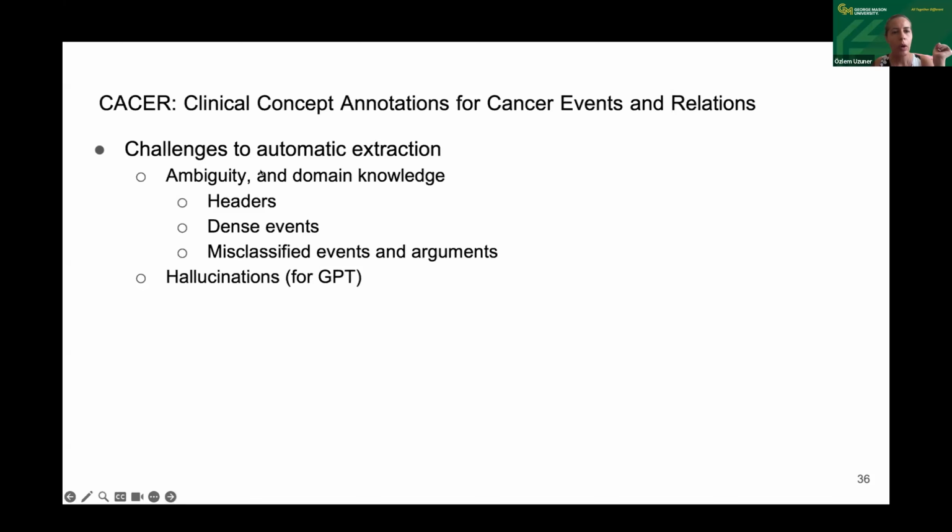So domain knowledge and understanding the context is very important for this ambiguity to be resolved. GPT threw in some hallucinations, but well, we got used to that, so that's okay. And besides, it had no training data.